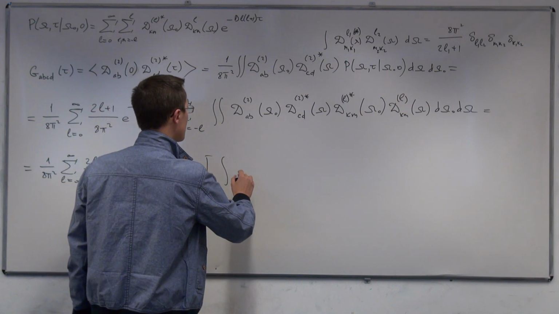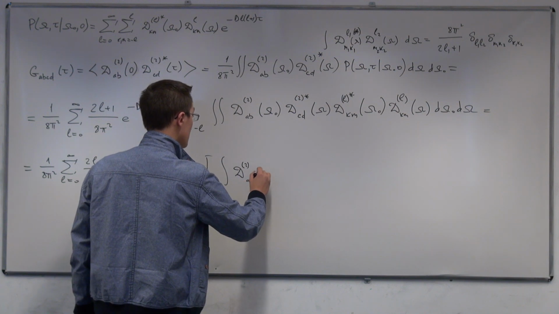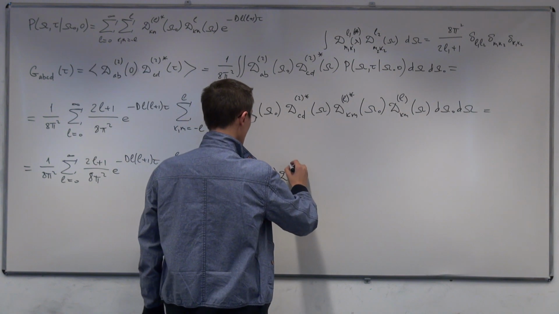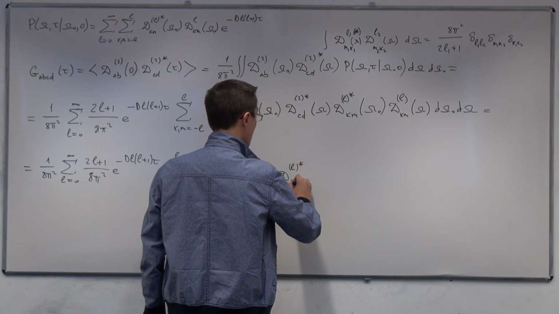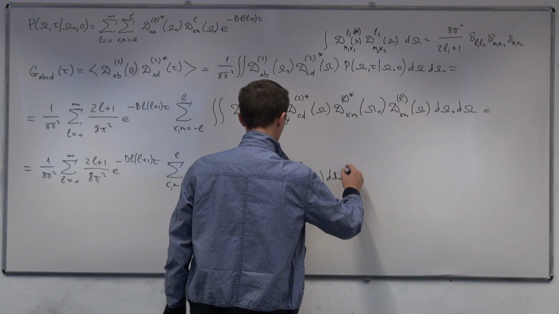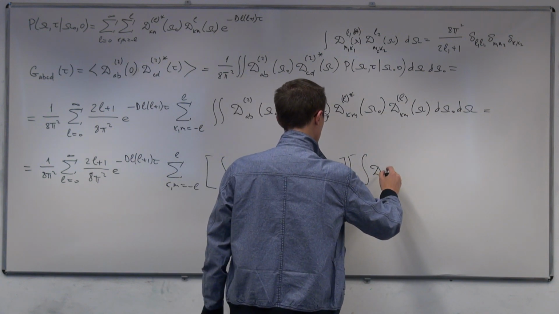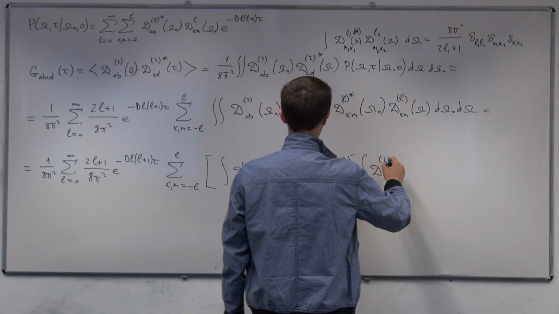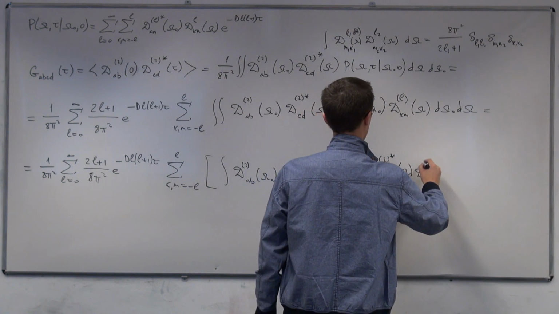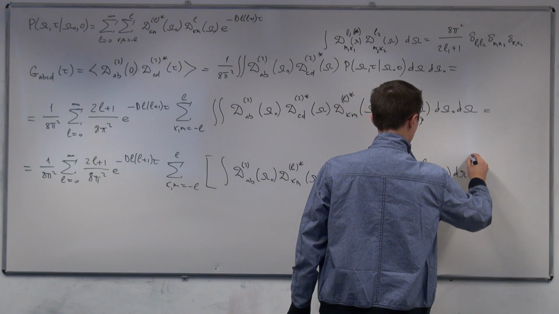So there will be the first integral over Ω0, so it will be d^2_AB of Ω0, then d^L*_KM of Ω0, dΩ0, and then the second integral over Ω, so d^2*_CD of Ω, then d^L_KM of Ω, dΩ.